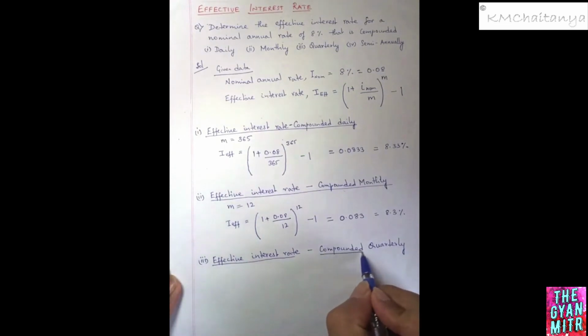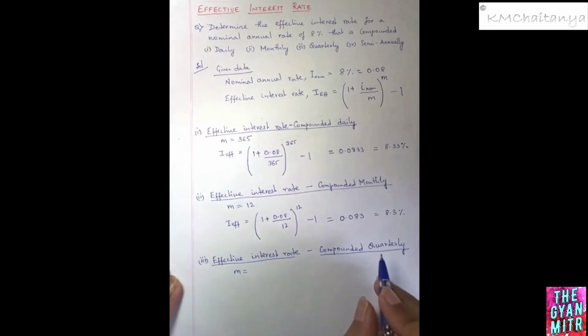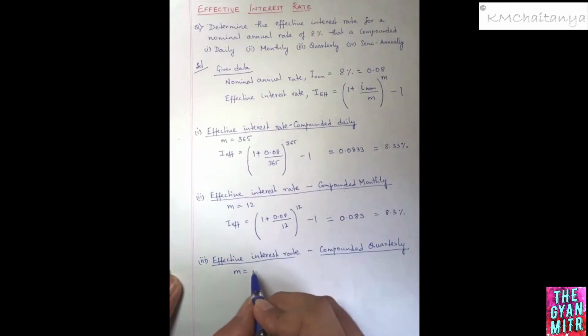I will calculate the value of m. So quarterly, we are going to divide the whole year into 4 parts. Therefore, the value of m for this will be 4.